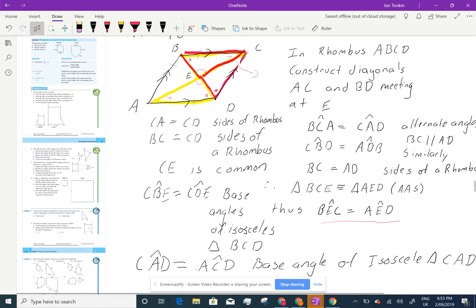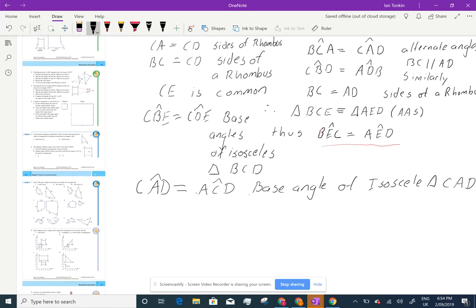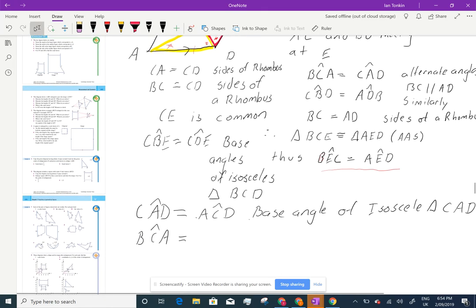So that little x in there equals that little x in there. And we proved over here that BCA is equal to CAD. So we already knew that BCA equals CAD, but we can restate it.